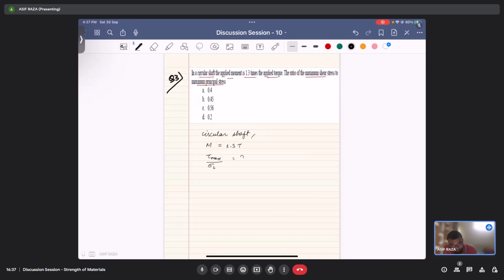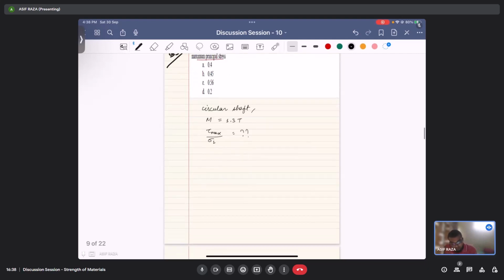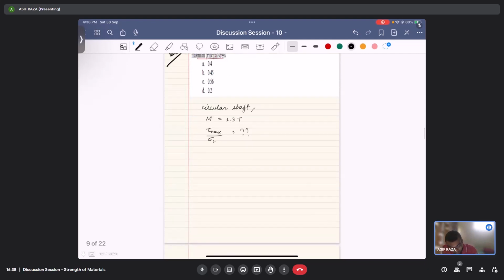Okay, what would be this? This is the question. So let's solve this. First thing first, we need to find equivalent bending moment and equivalent torque.